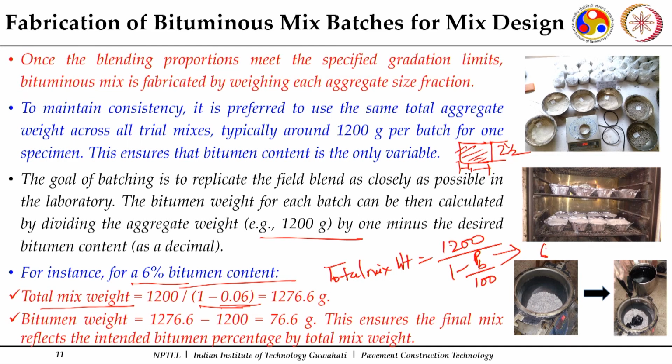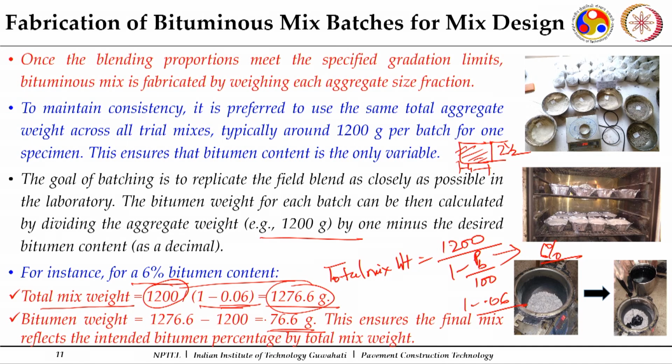Here I took 6% of binder, so this became 1 minus 0.06, and I got the mix weight as 1276.6. Aggregate weight was 1200 and the total mix weight is 1276.6, so the weight of bitumen which I have to incorporate is 76.6 grams.